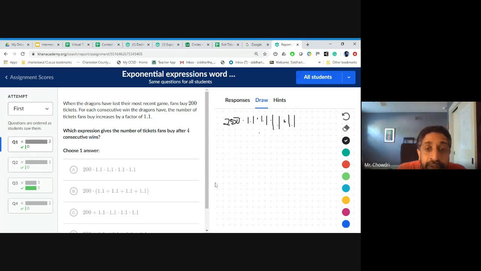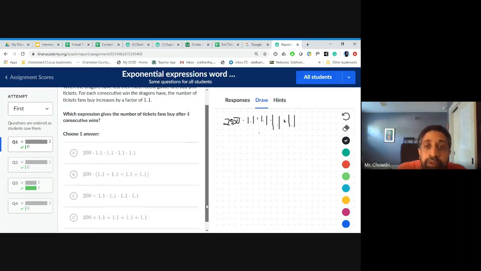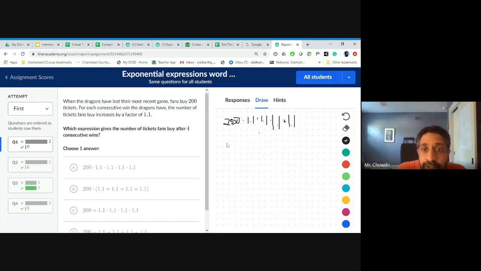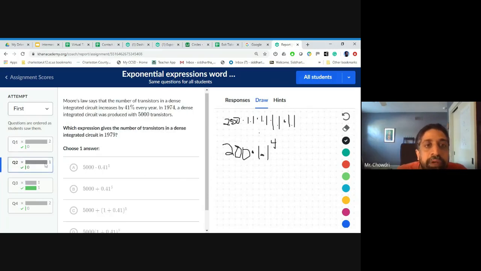Another way to write that, which isn't one of our answers here, but it is what we're trying to get to in exponents, is 200 times 1.1 to the 4th power. Okay, because 1.1 times itself 4 times is also 1.1 to the 4th power. And that's what we're going to start seeing in the next problems. All right. So we're going to get rid of this stuff.